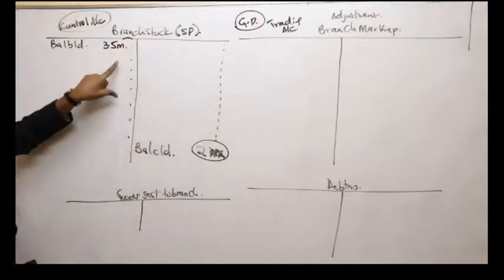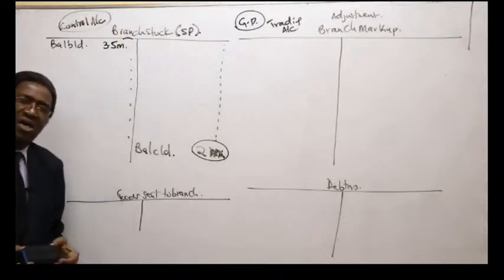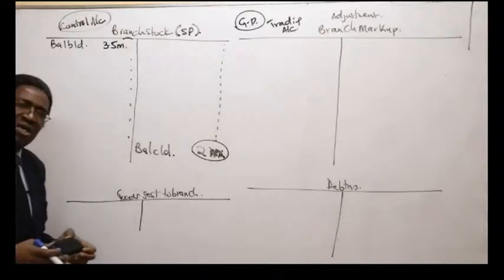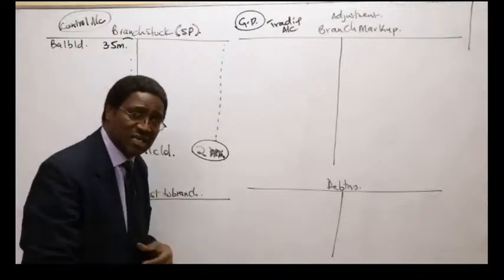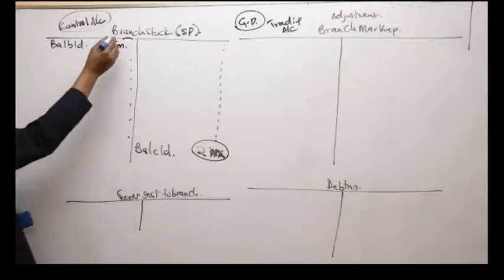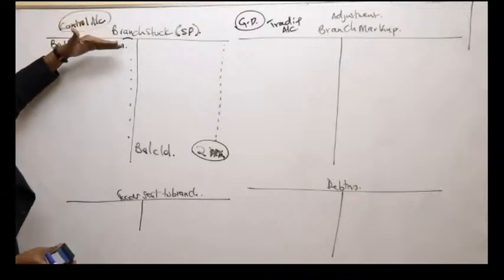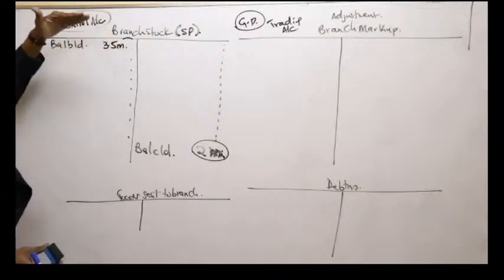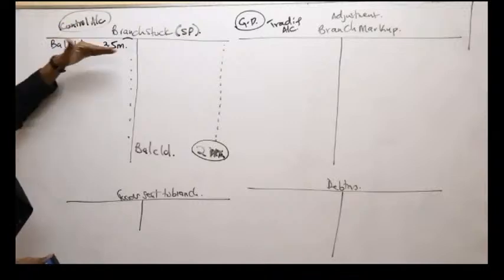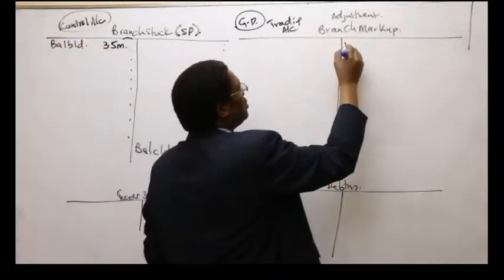In this 3.5 million, because the branch had not sold the goods by the end of last year, it means there is a profit you as a head office have not yet earned. That profit that you have not earned by the beginning of the year is what we call the unrealized profit. So normally you have to calculate the unrealized profit on the opening stock, and that balance should be brought down in the branch markup account.